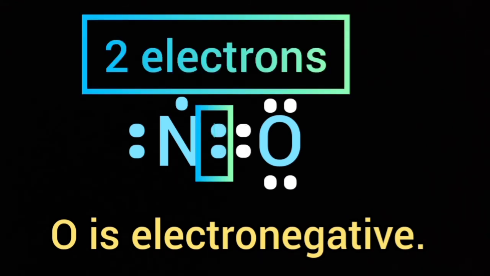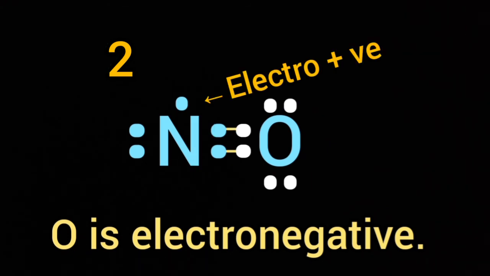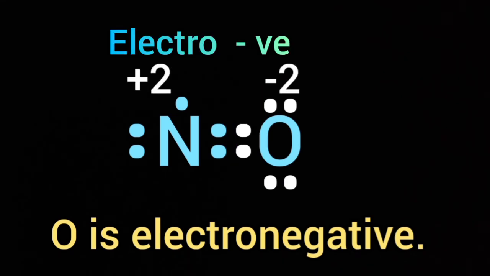As nitrogen contributed 2 electrons to establish this double bond, and it is electropositive than oxygen, the oxidation number of nitrogen in this compound is +2, and the oxidation number of oxygen is -2 because oxygen contributed 2 electrons and it is electronegative. So the oxidation number of oxygen in NO is -2.